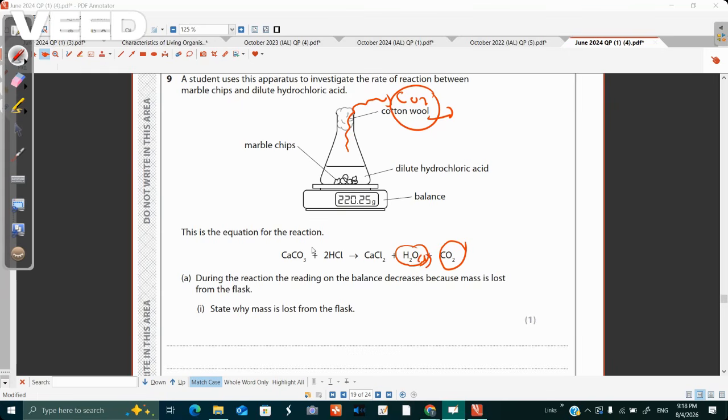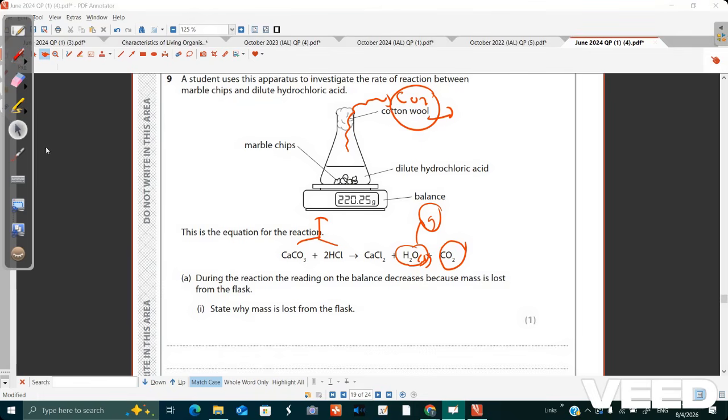This is an exothermic reaction, so heat is released, and with that heat the H2O liquid may get converted into gas. So let us assume it stays as liquid and only focus on carbon dioxide gas. Definitely it is getting released, so that is why there is a weight change. Why? Because carbon dioxide gas is released out of the flask.